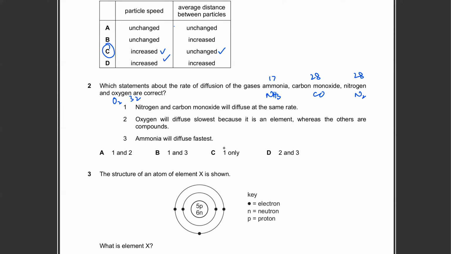One is correct, and then three. Yeah, one and three, so B. Oxygen will diffuse slowest because it's an element, whereas the others are compounds. No, that's wrong. So one and three, which is B. Okay, it's B.